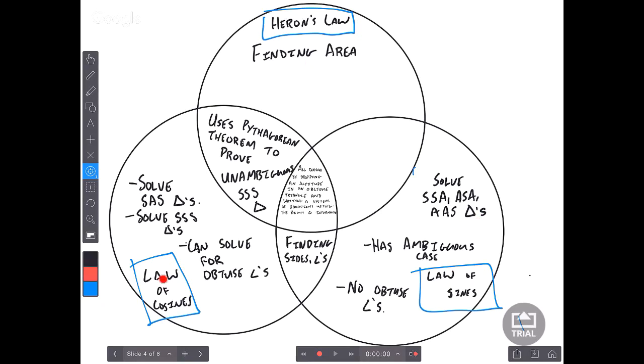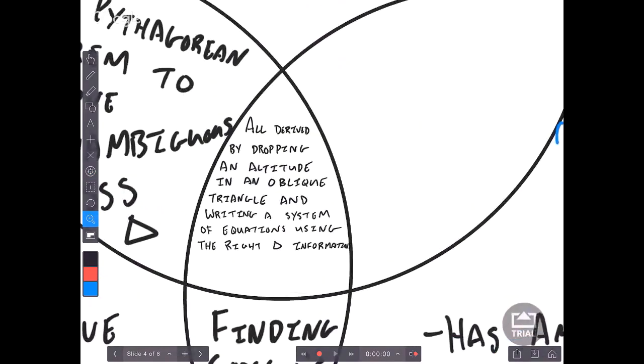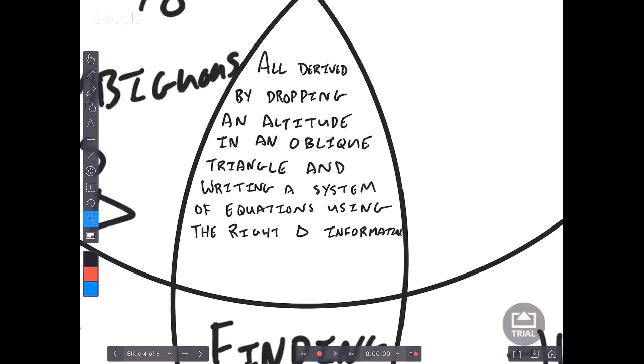Both Heron's law and the law of cosines needed the Pythagorean theorem to be proved, whereas law of sines did not. And then this centerpiece is really critical. What unites all three, and this is really what I want you to know on this material, is that all of them were derived the same way. We did the same thing in the proof to derive every single one.